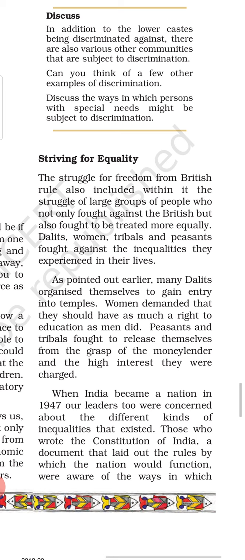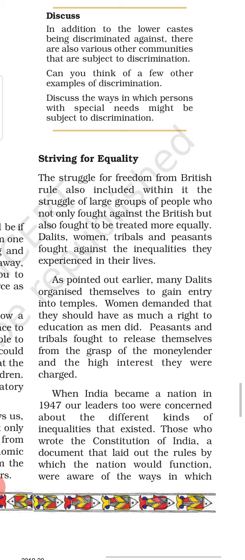Dalits, women, tribals, and peasants fought against the inequalities they experienced in their lives. So, when we talk about the struggle with the British, there were simultaneously other struggles also going on. Women, Dalits, tribals, peasants, they were fighting for equality, that they should be treated equally along with the other people of the society.